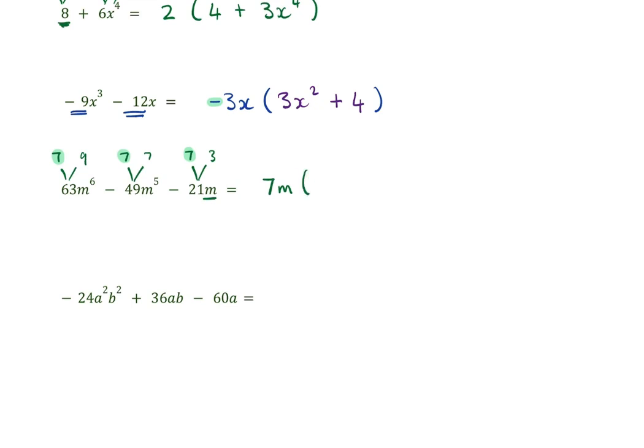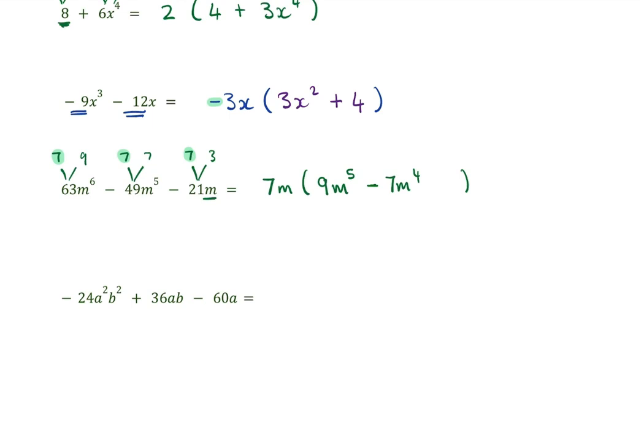What am I left over with? Well, the first term I'm left over with 9m to the power of 5, because m to the power 1 times m to the power of 5 gives me m to the power 6. Then I have minus 7m to the power 4, because minus 7 times 7 will give me minus 49, and m times m to the power 4 would give me m to the power 5.